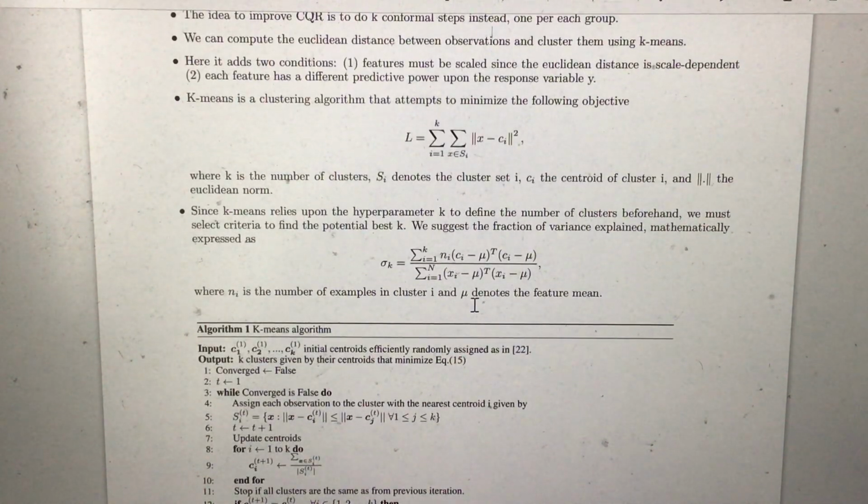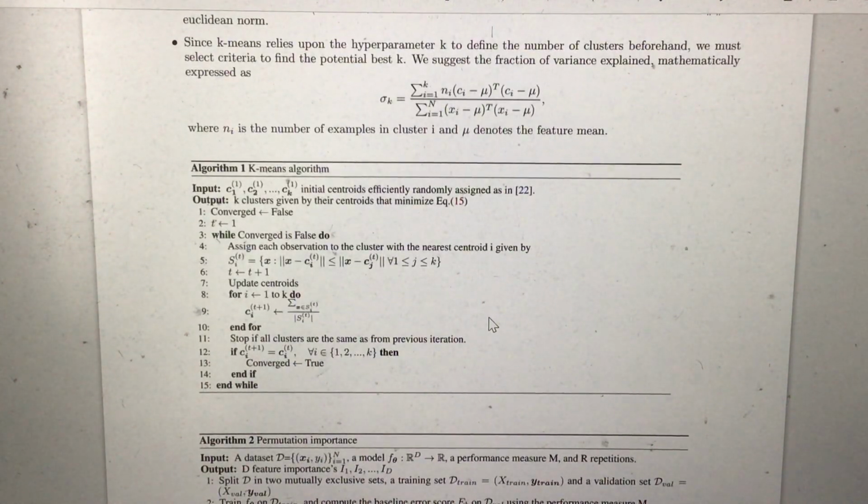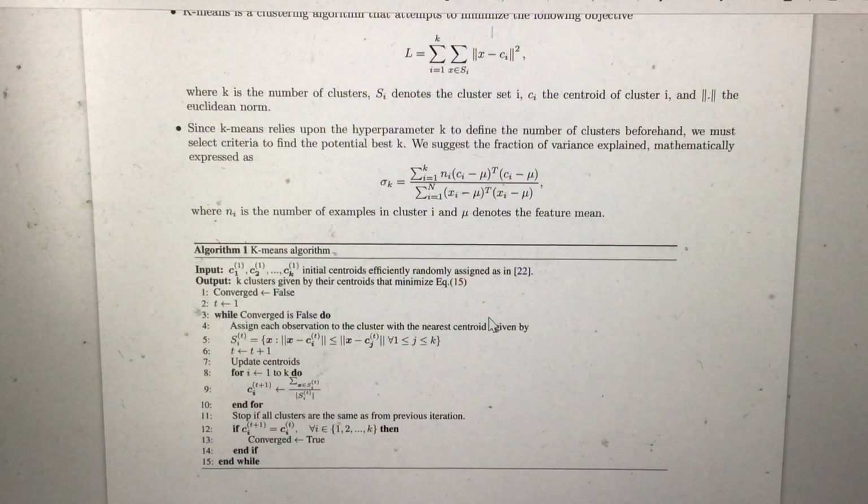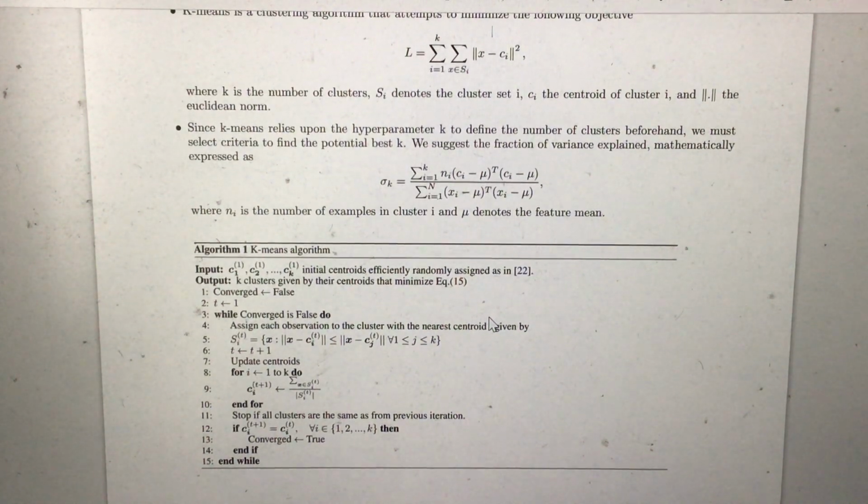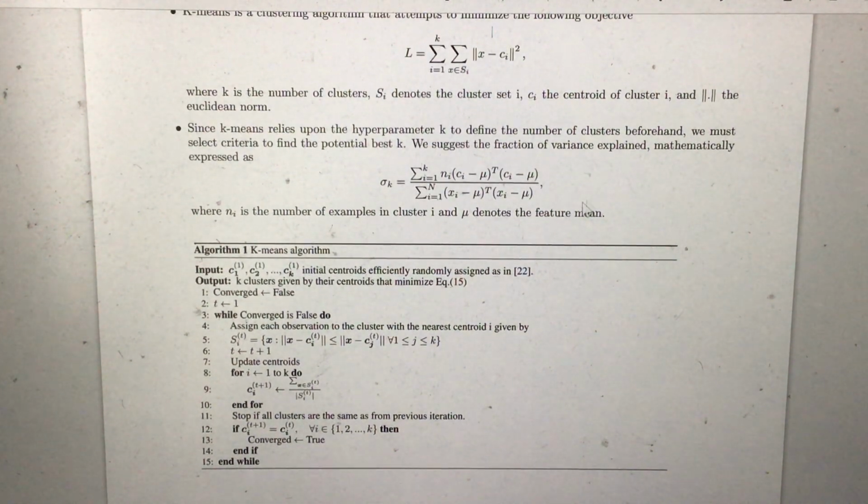K-means relies on the hyperparameter k to define the number of clusters beforehand, so we must select a criterion to find the best k. We suggest the fraction of variance explained, expressed by this formula, where N_i is the number of examples in cluster i, and mu denotes the feature mean.